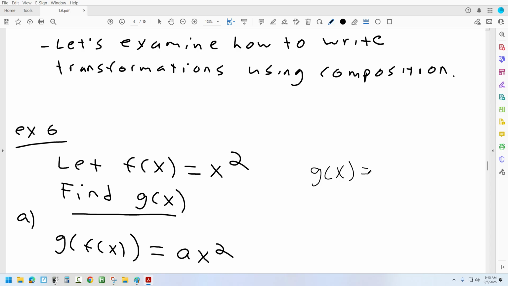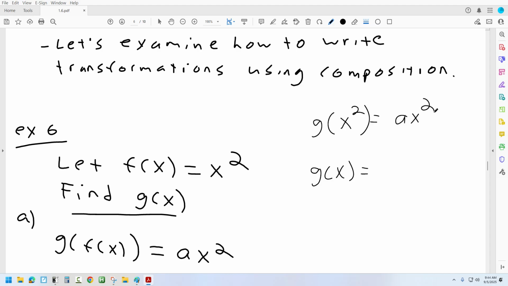Anybody think they know what g of x would have to be so that when you fill in f of x, which is x squared, you end up with ax squared? Well, it's got to be something with a variable, or we wouldn't have a spot to fill something in. So think of A is like a constant. It's like a vertical stretch.